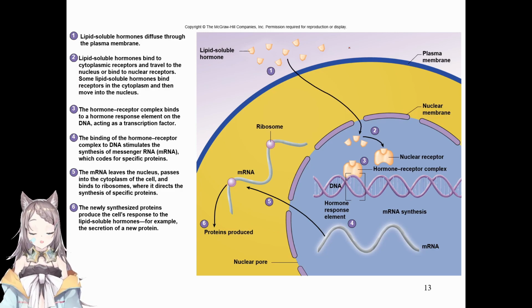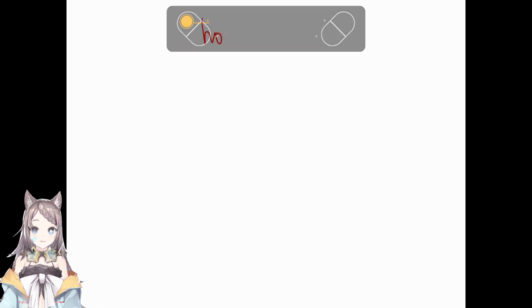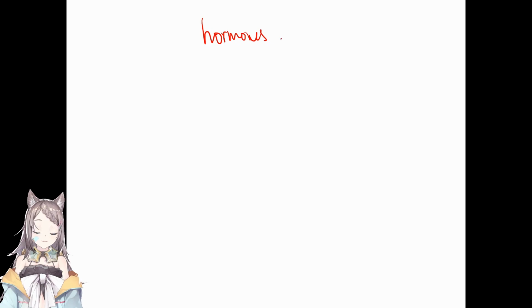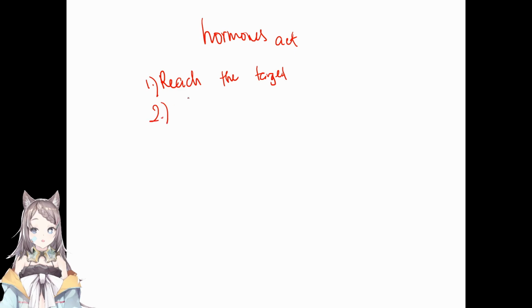Okay, so in a nutshell, how do hormones act? Hormones act simply if they reach the cell or reach the target site. First, they must reach the target site. Second, they must bind to the target. These are usually what you call receptors.